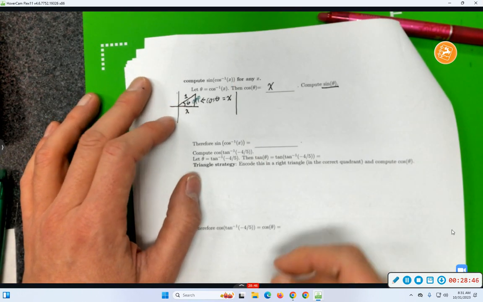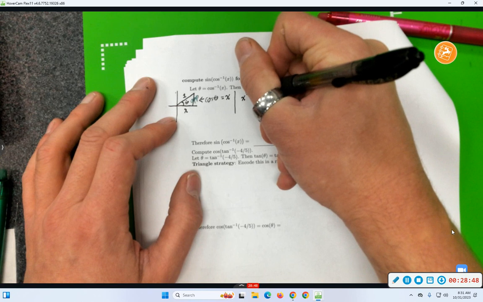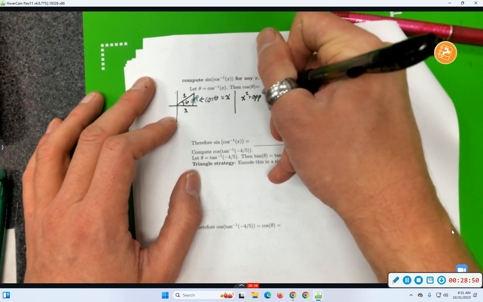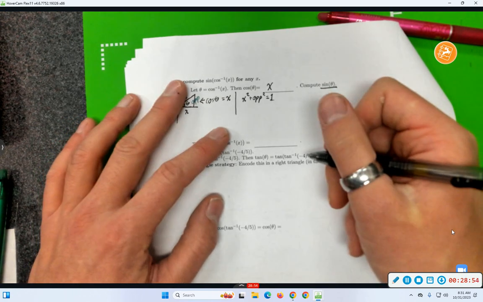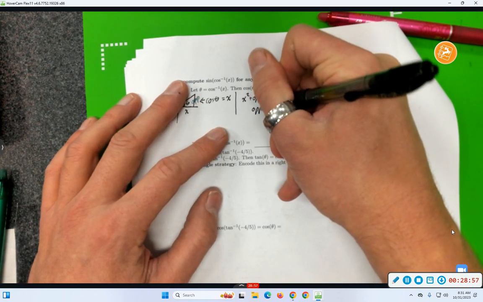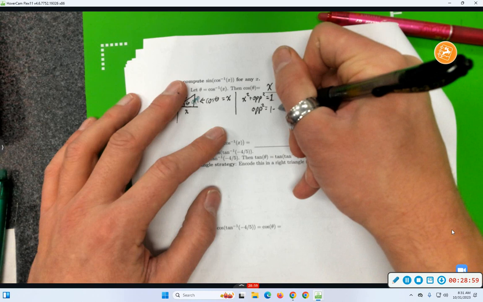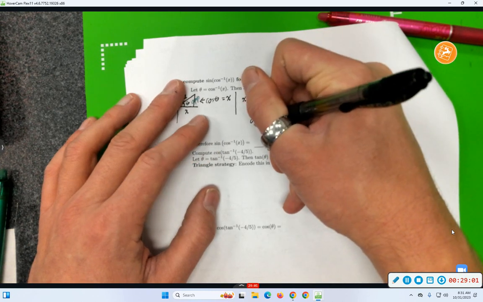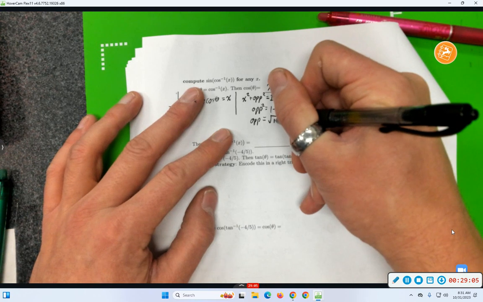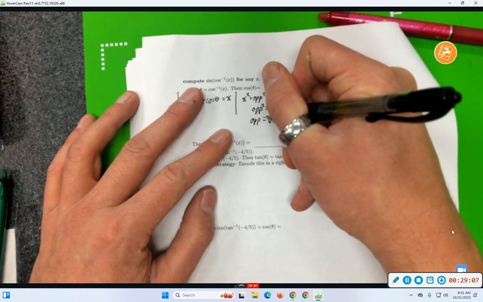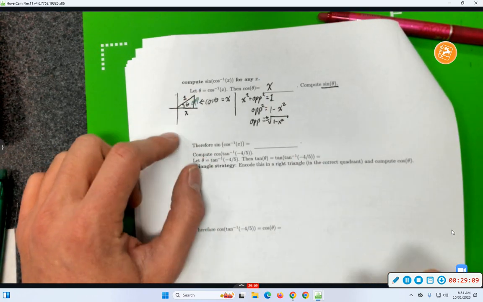So, since this is a right triangle, I better have x squared plus the opposite side length squared equals 1. Solve for opposite side length. In fact, this looks pretty familiar, right? We'll get opposite squared equals 1 minus x squared. Opposite appears to be square root 1 minus x squared. Maybe we'll worry about the plus or minus.